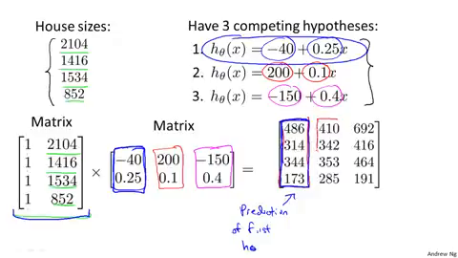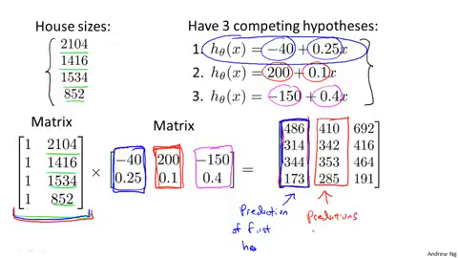And how about the second column? The way you get the second column is you take this matrix and you multiply it by this second column. And so the second column turns out to be the predictions of the second hypothesis up there. And similarly for the third column.